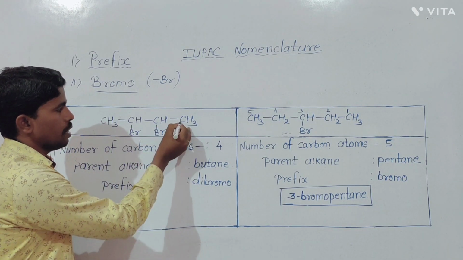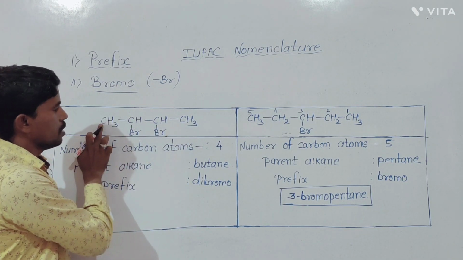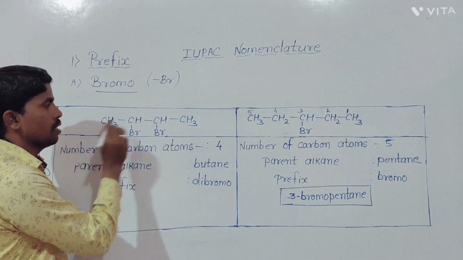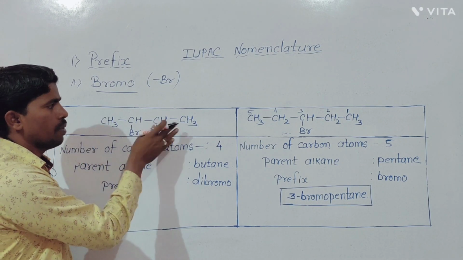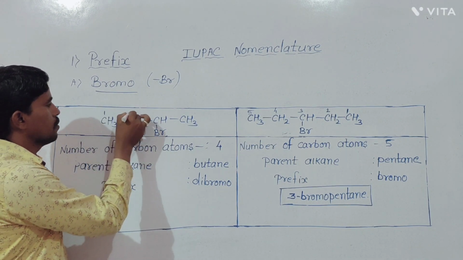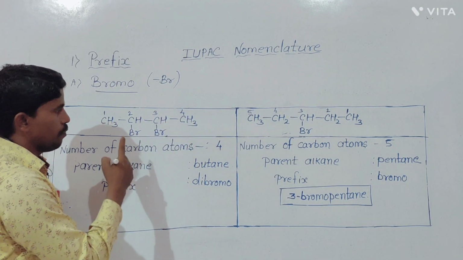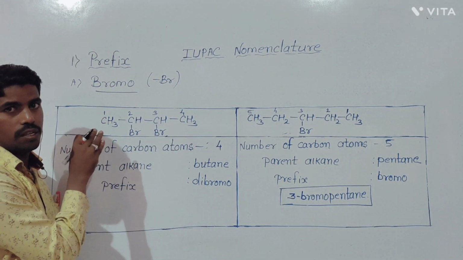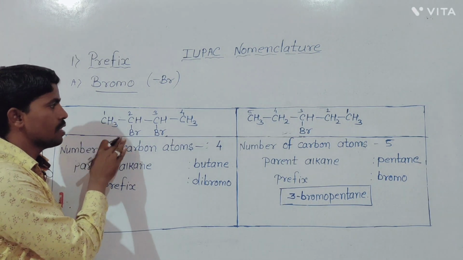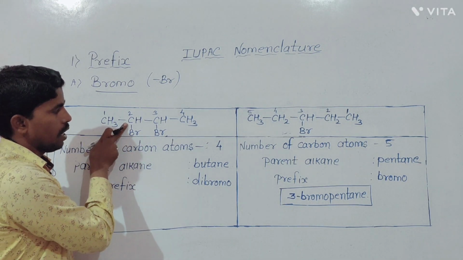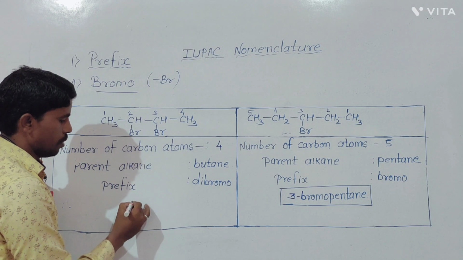Here, this bromine is on second, and from this side, this bromine is on second. Therefore, start numbering from any side. Here, this is 1, this is 2, this is 3, this is 4. Therefore, we can see the bromine atoms are attached to the second carbon atom and third carbon atom.